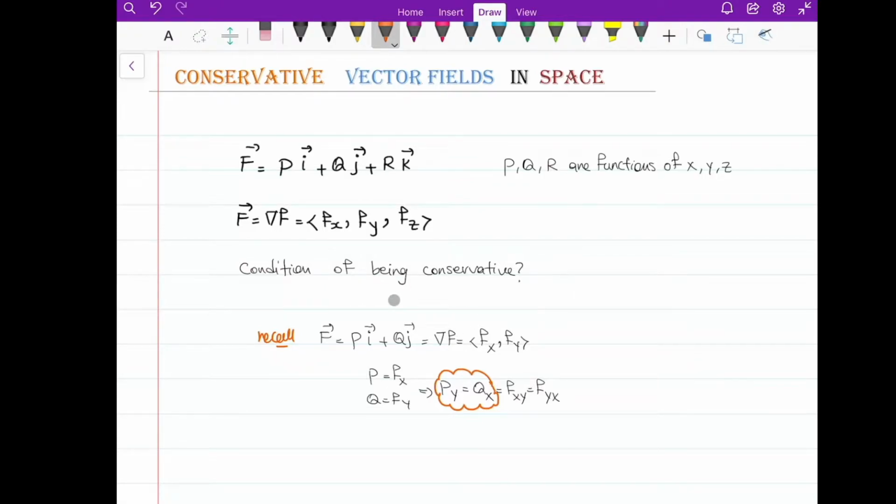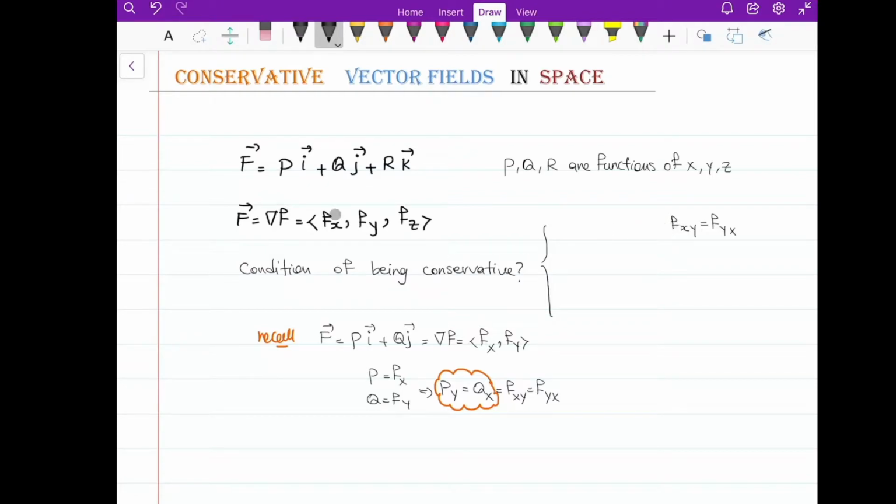Now, the condition for a vector field in space to be conservative is this. You see, a function f is defined on three variables. So fxy is equal to fyx, okay?